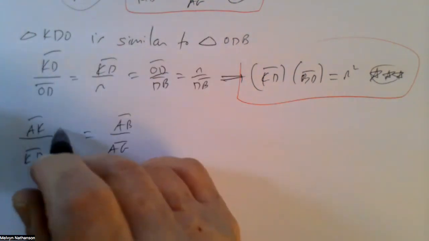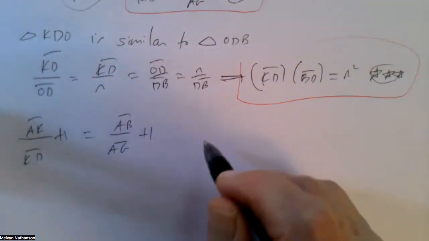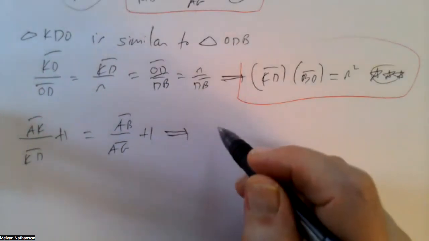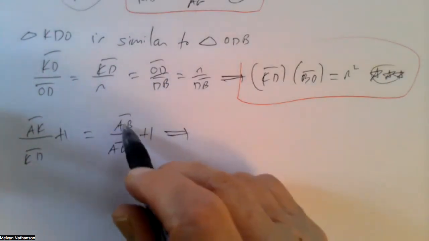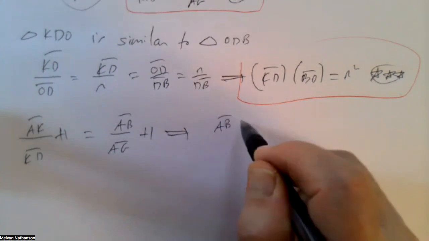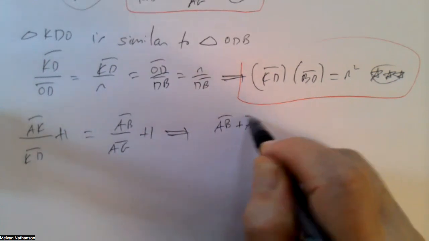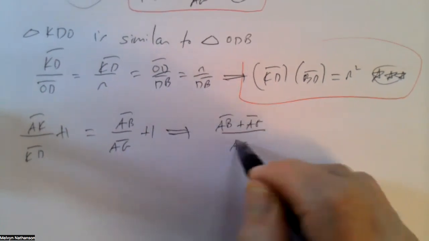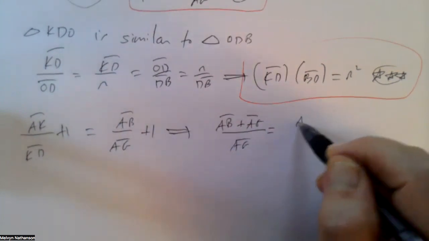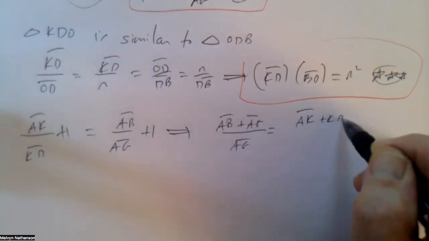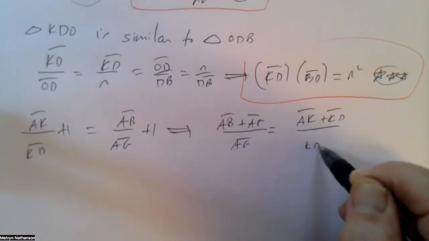And you can add equals to equals, so add 1 to both sides. So this means that AB plus AG is to AG as AK plus KD is to KD.